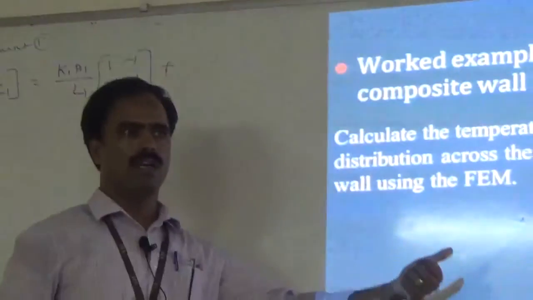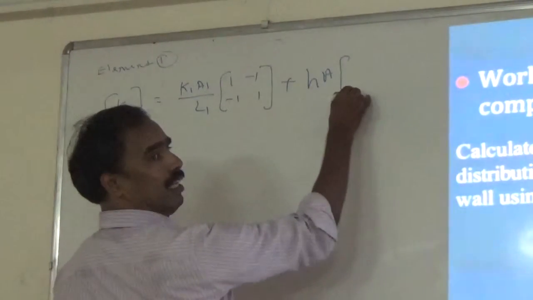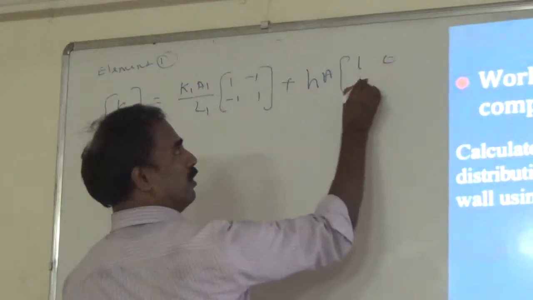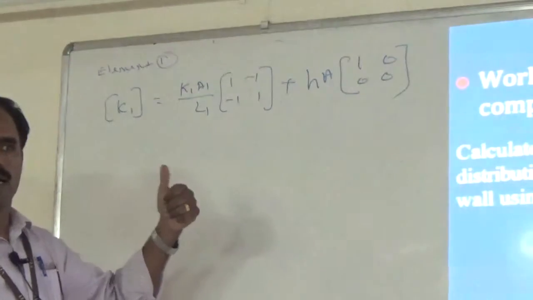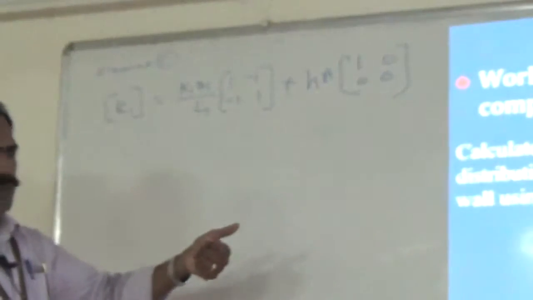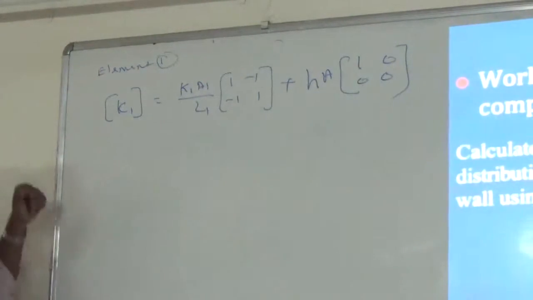End convection at node 1: h A times [1, 0; 0, 0]. Right, the derivation we did for end convection at node 2, that's why we put 1 here now.